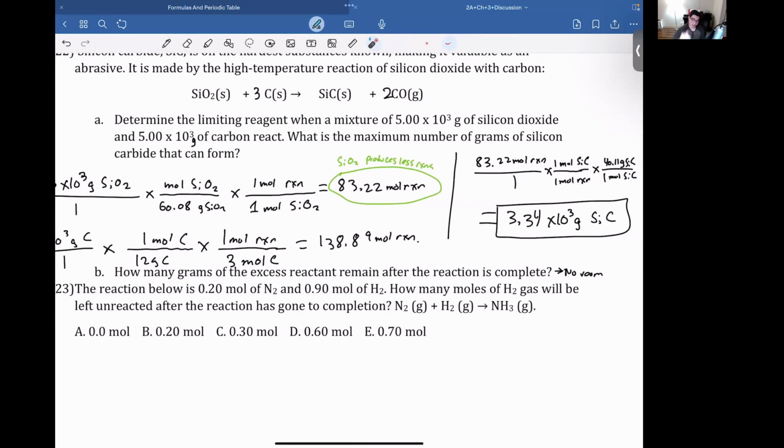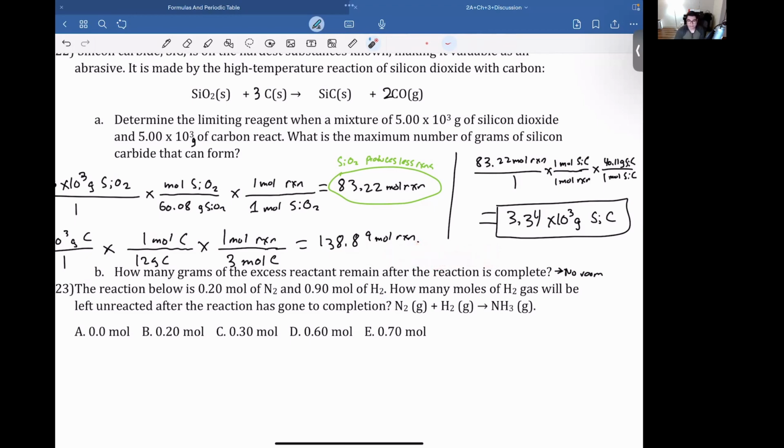If you've gotten to this point, the way you do this is you know how many moles of reaction actually happen. You know how many could have happened with the carbon. Going back to the recipe analogy, the recipe takes 2 eggs and 1 cup of flour, and you have 2 eggs and 2 cups of flour. You use up 1 cup of flour, right? Because you can only make the recipe once. So you take the difference of these, and that's your moles of reaction left over.